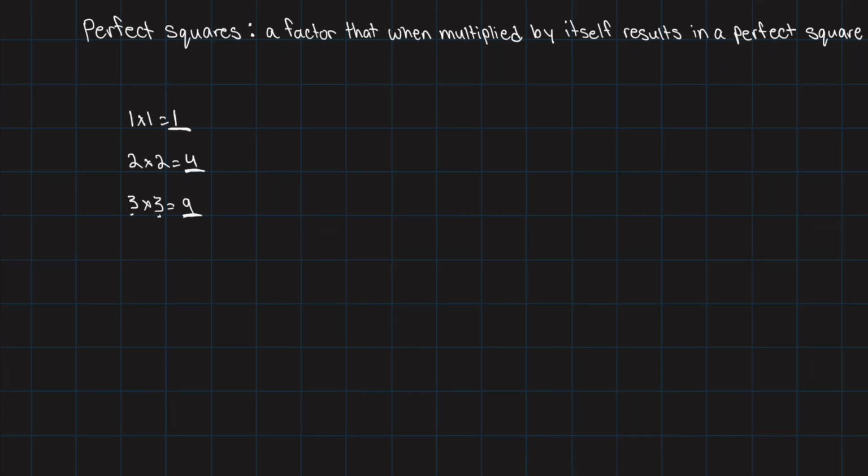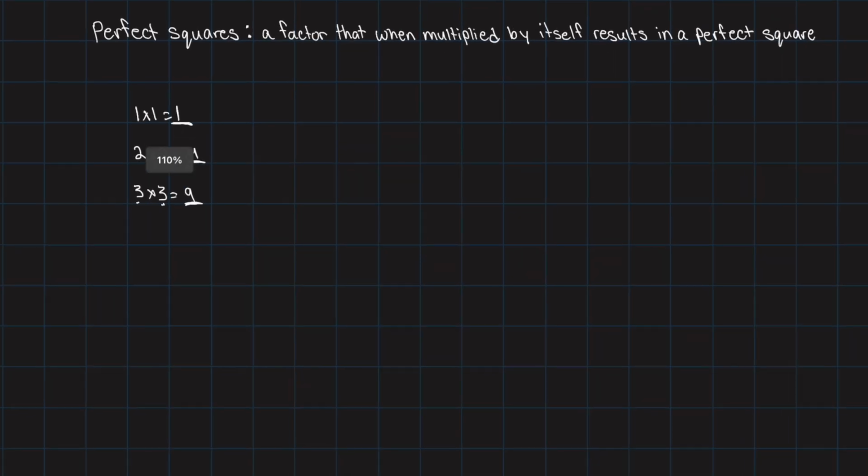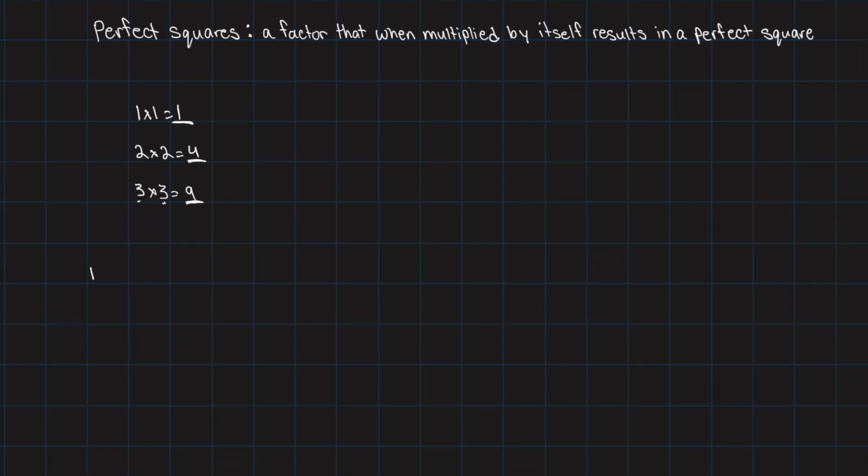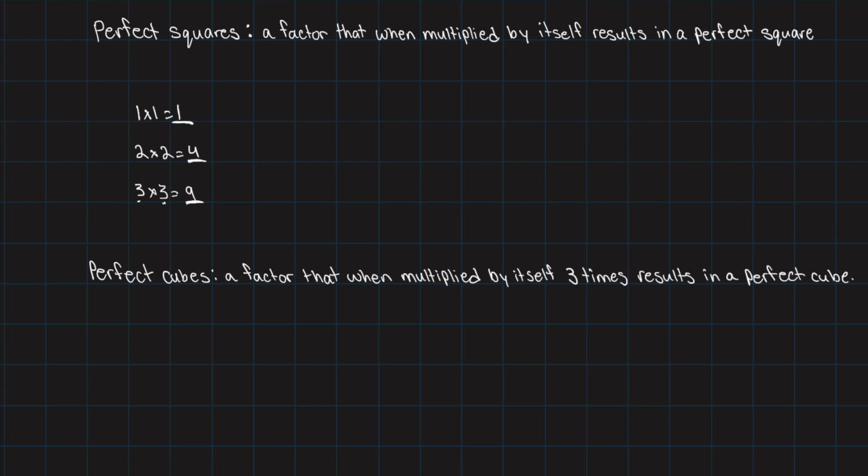If we're talking about perfect cubes, it's essentially the same thing as a perfect square, except it's multiplied by itself 3 times. Examples of this are, again, 1, because 1 times 1 times 1 gives you 1, so 1 is a perfect cube. And 8 as well, because 2 times 2 times 2 is 8, so 8 is a perfect cube.